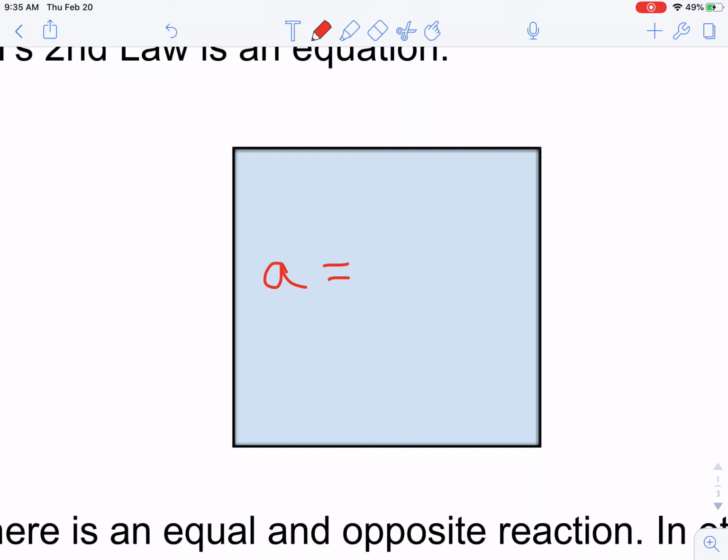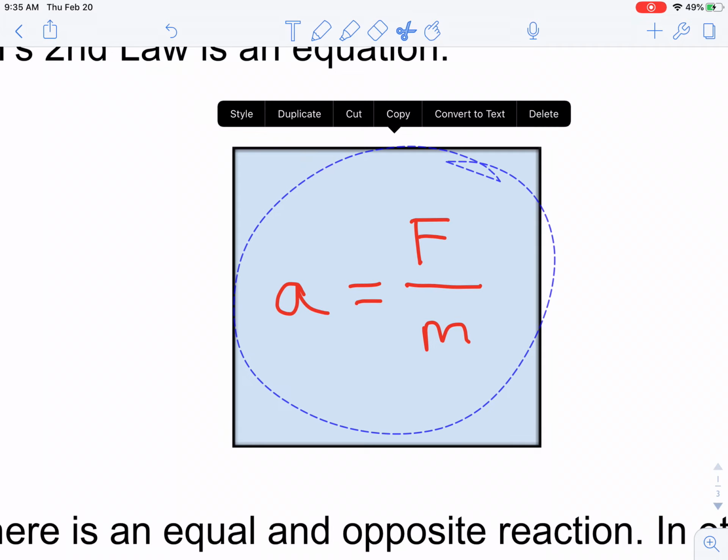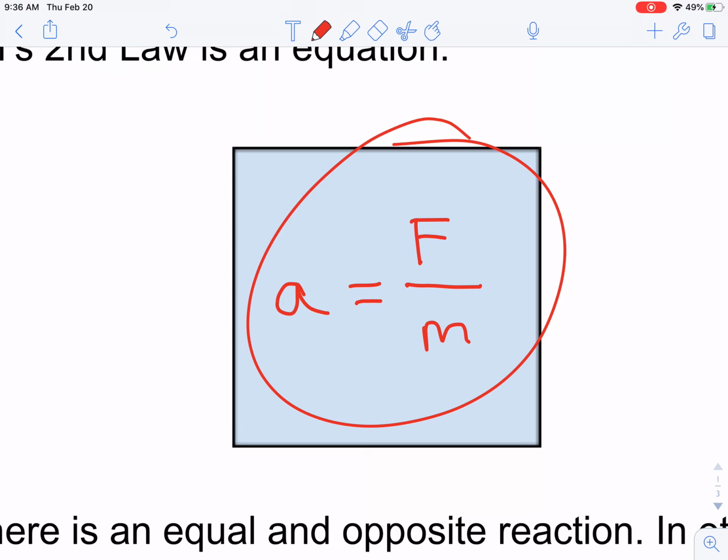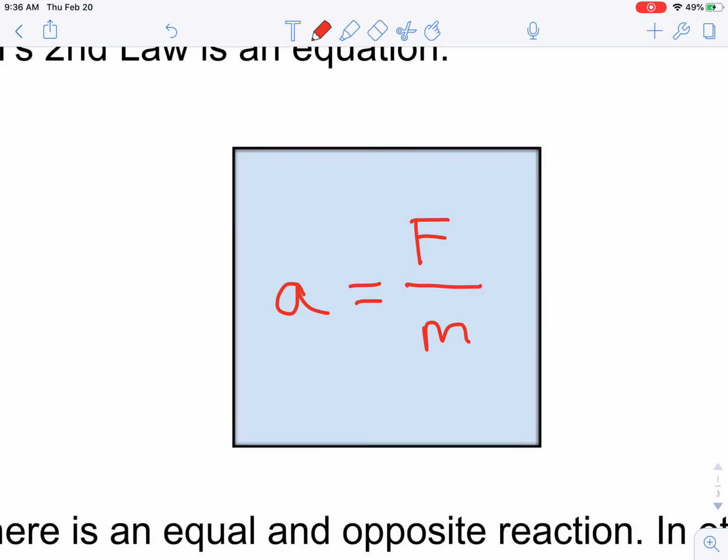Acceleration is directly proportional to the force and inversely proportional to the mass, or net force would probably be more accurate. Okay, so when I write it as an equation, we will learn to see this as not just an equation, but as an entire sentence or as an entire concept.